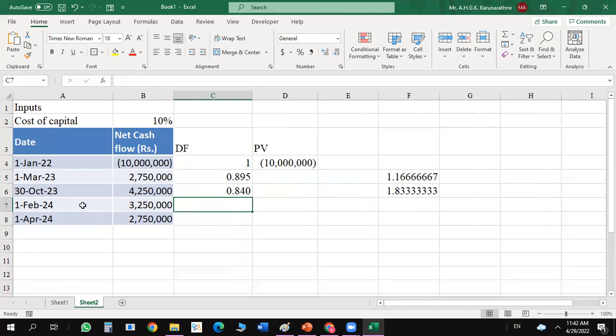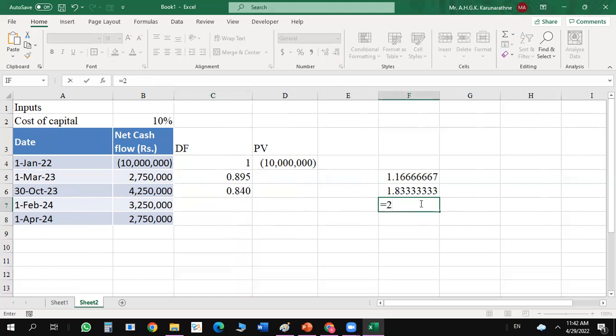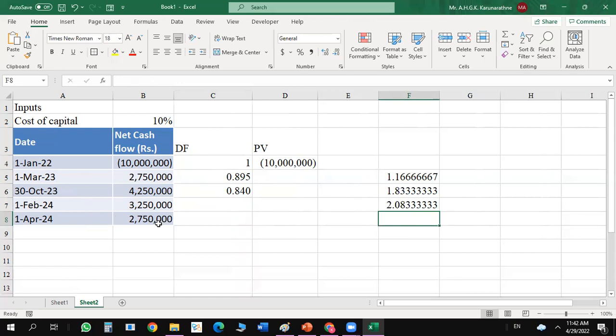Right. For this one, February 1st means 2 years and 1 month. Here this equals 2 years plus 1 month, and 1 month as years is 1 divided by 12. Next, this one, 2024 April 1st. April 1st means 3 months complete, because we can't take April; January, February, March.